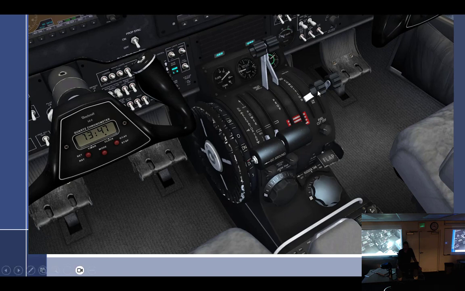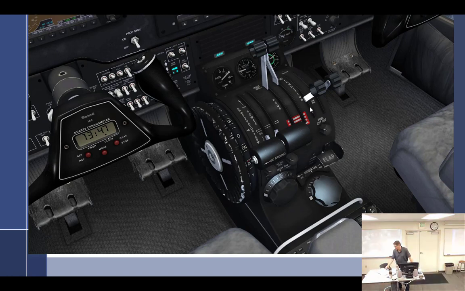The condition lever is kind of like a mixture because it goes to fuel shutoff, but you have high idle, low idle. I don't think we went much into condition.